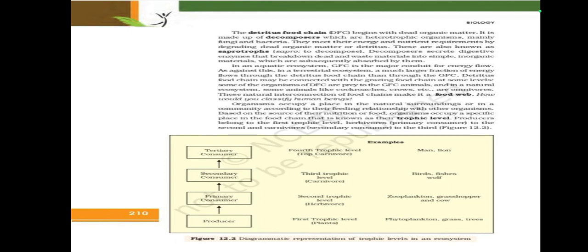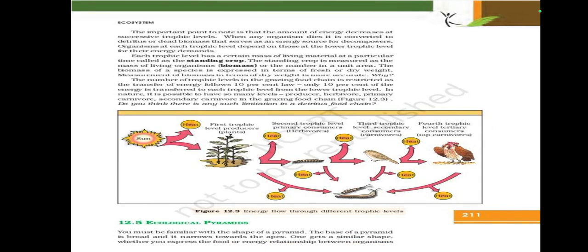Figure 12.2. The important point to note is that the amount of energy decreases at successive trophic levels. When any organism dies, it is converted to detritus or dead biomass that serves as an energy source for decomposers. Organisms at each trophic level depend on those at the lower trophic level for their energy demands.